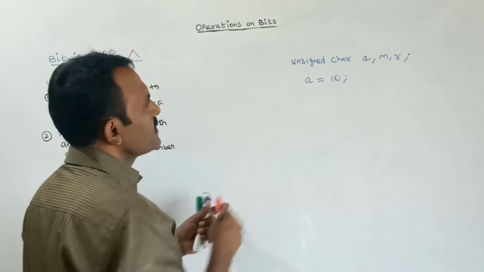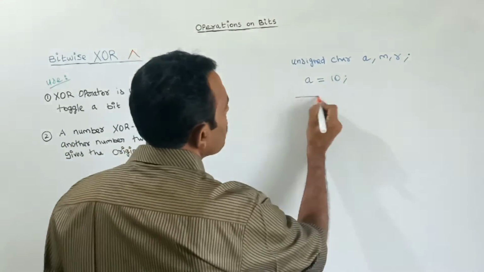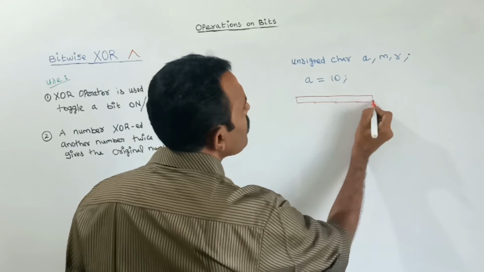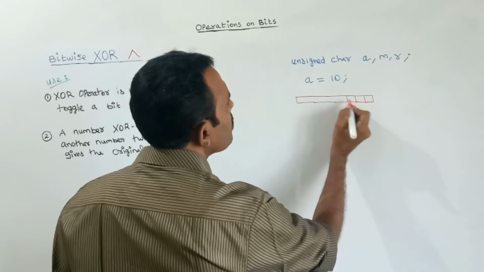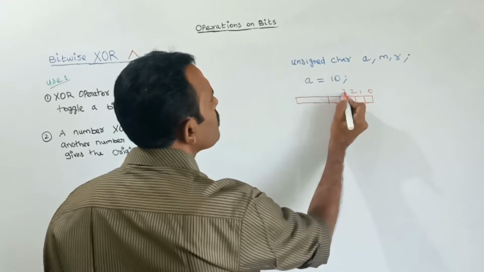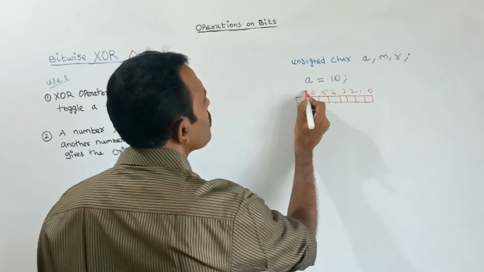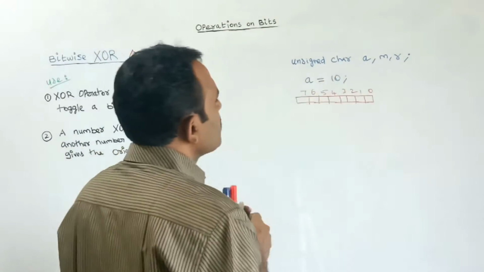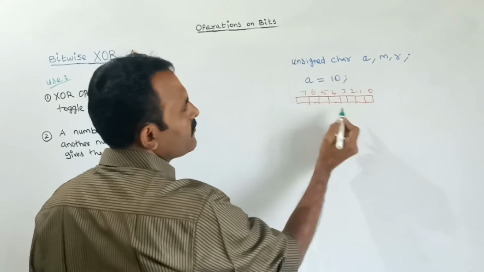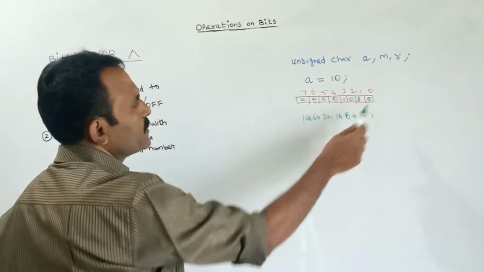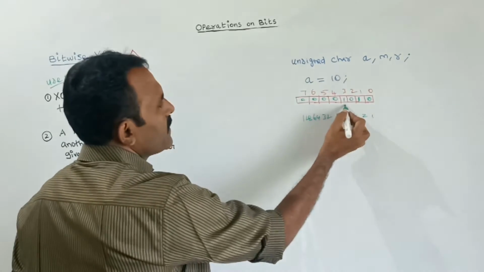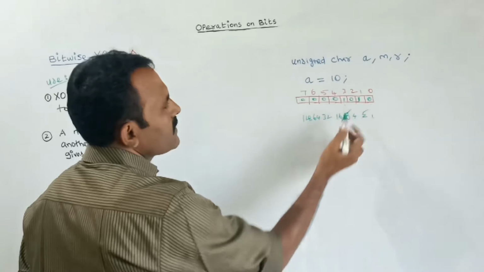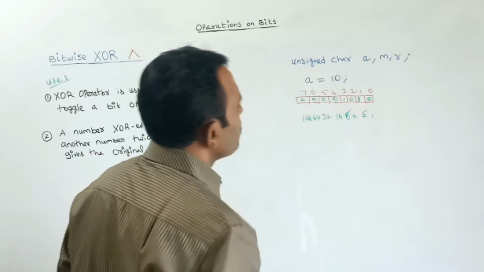Here this is an unsigned character, so totally 1 byte default size. 1 byte means 8 bits. If we convert this decimal value 10 to binary, the answer is 1010. 8 plus 2 is 10. We can convert like this. So this is the binary value of 10.